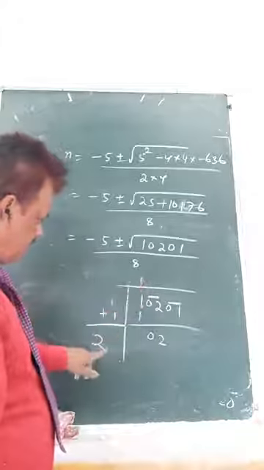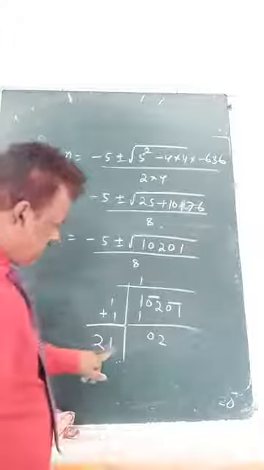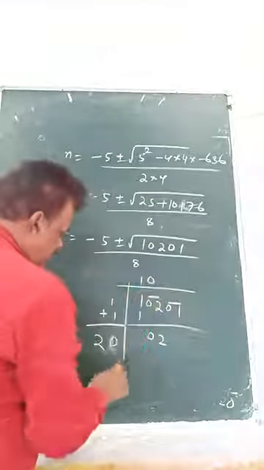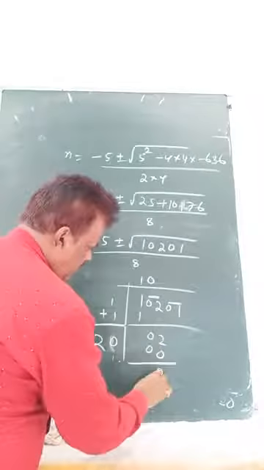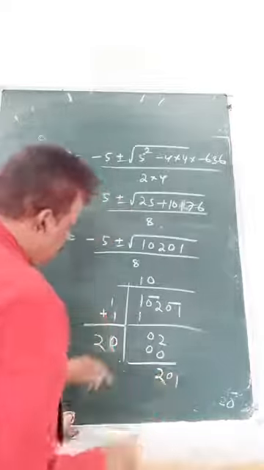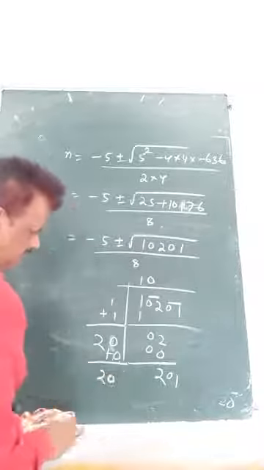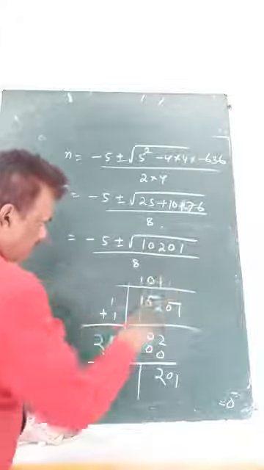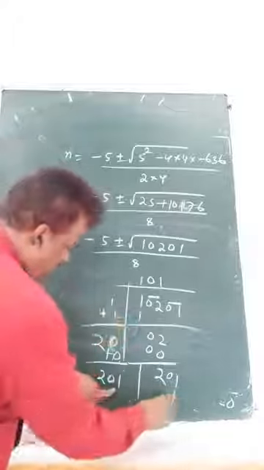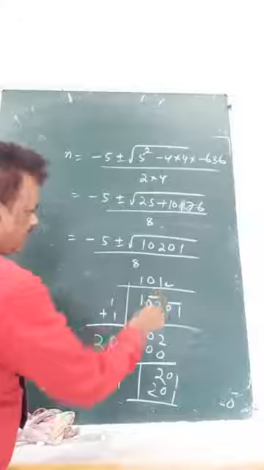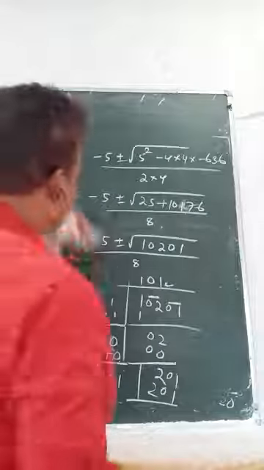You have to add here. If I put 1, this becomes 21, there is 2. 1 will not go, it will go with 0. Then 0, 1. Add this 0 here. 20, now put 1. Here also 1. 1 into 1, 1. So 1, 0, 1 is the square root.